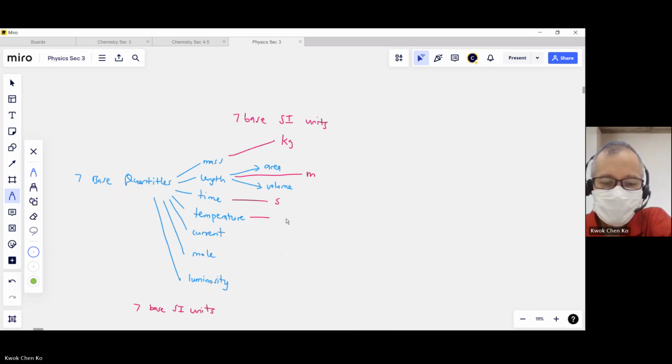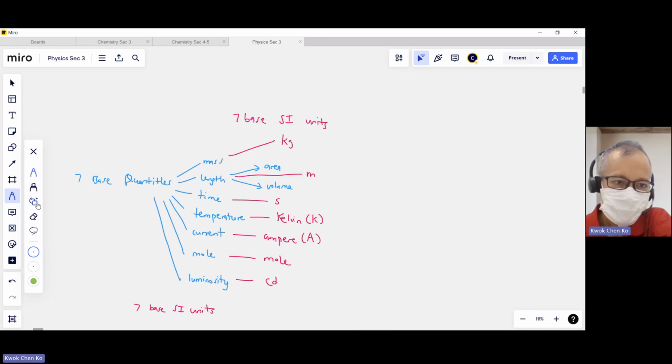Temperature will be Kelvin. Current, ampere. Now, mole is mole. This is what we call candela.